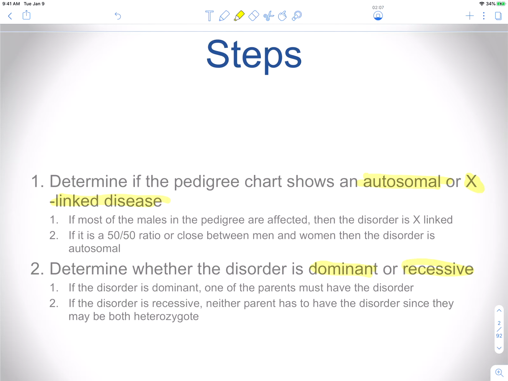Dominant means that you only need one copy of the mutated gene to present with the phenotype. Recessive means you need both copies of the mutated gene to present with the phenotype. So if the disorder is dominant, one of the parents must have the disorder. If the disorder is recessive, neither parent has to have the disorder, since they may be heterozygotes.